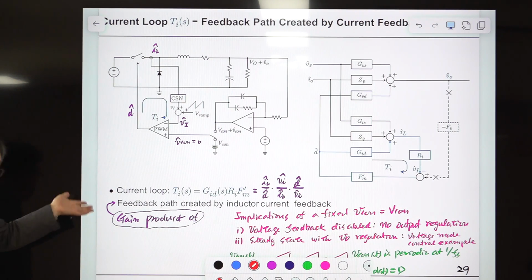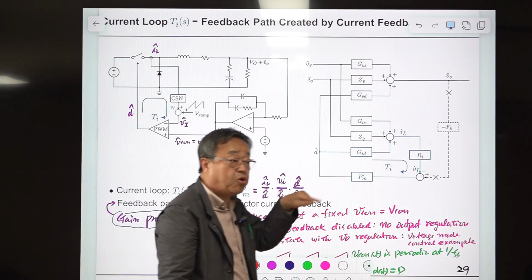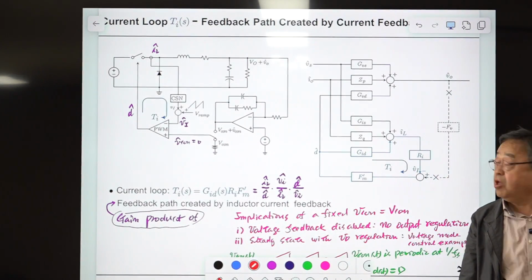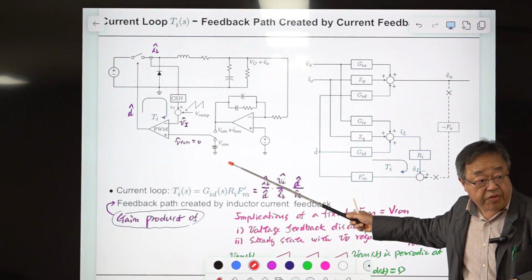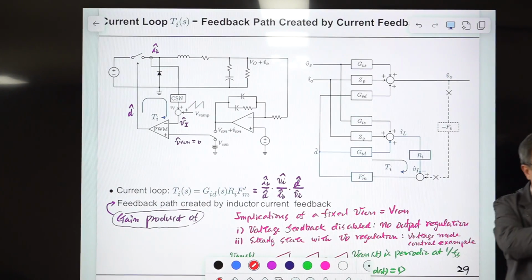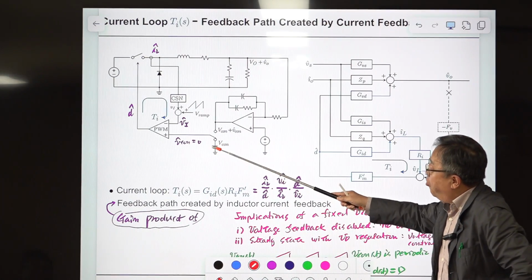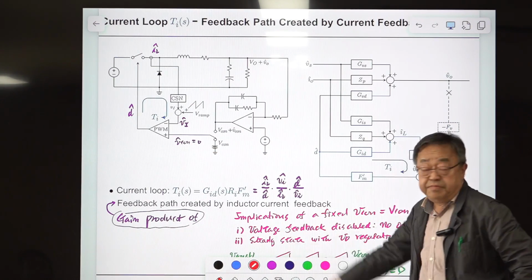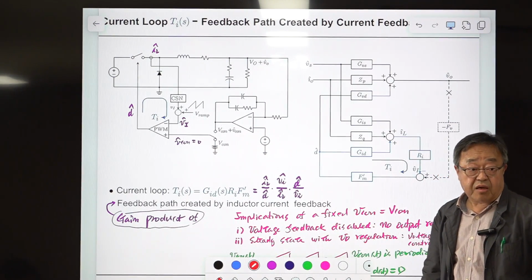So when you are talking about the current loop only closed, you are talking about this configuration. The voltage loop is dead, disconnected, and this fixed voltage is applied here. That is the current loop only considered.